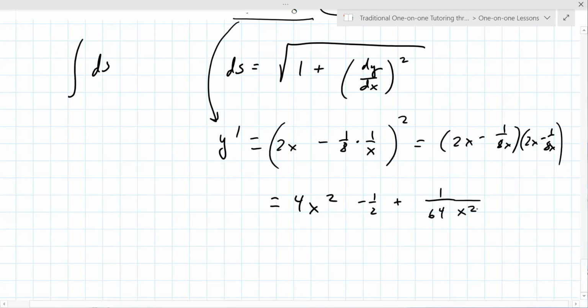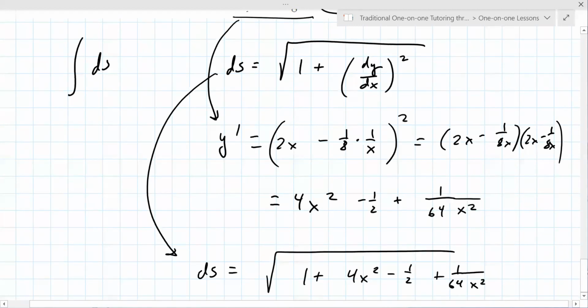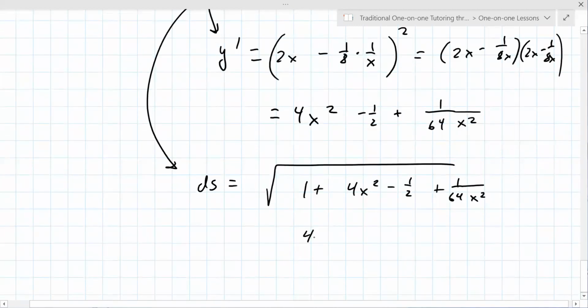Okay, so this ds here is the square root of 1 plus all of this stuff. And my guess is this works out nicely. So you get 4x squared plus 1/2 plus 1 over 64x squared. And I'm going to just guess that this is 2x plus 1 over 8x. And that does work.